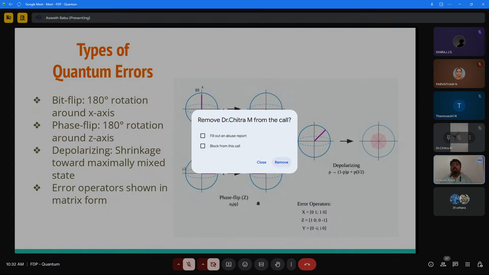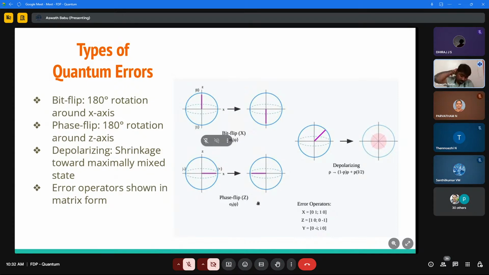Depolarization error means I choose a collection of certain qubits. Among those qubits, some of them go out of the superposition state which I want, and they may create some kind of a mixed system instead of a pure quantum system.